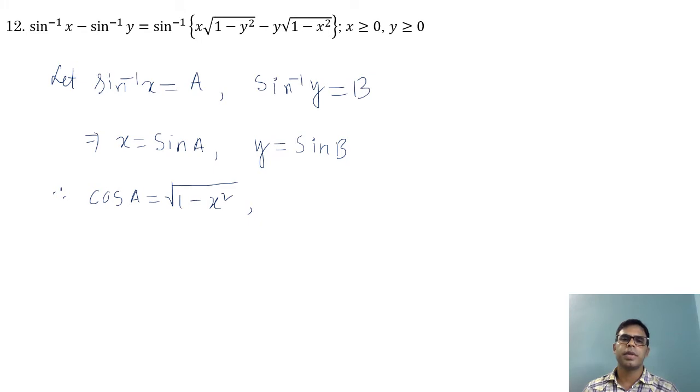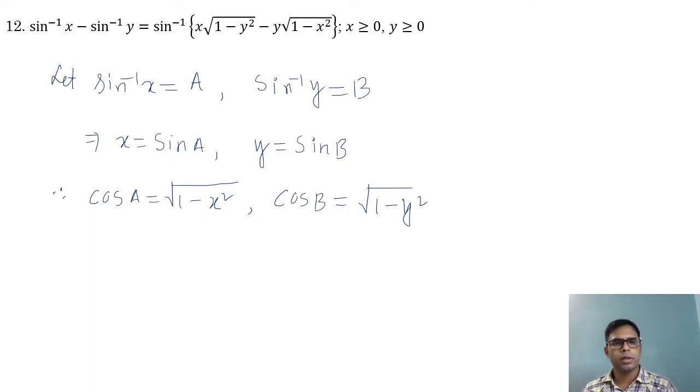Similarly, y greater than 0 means angle b is also in the first quadrant. So cos a is positive, as well as cos b, and that will be equal to root over 1 minus y square, because cos b is equal to root over 1 minus sin square b.